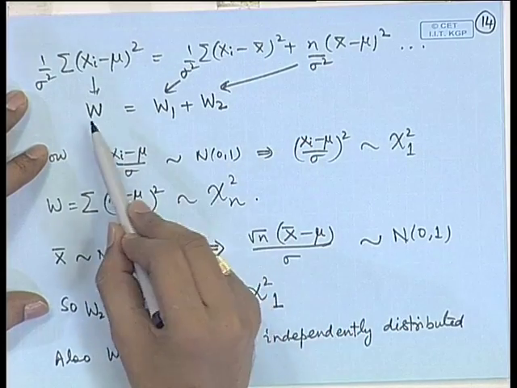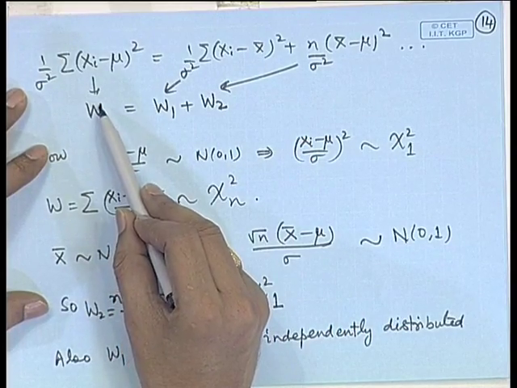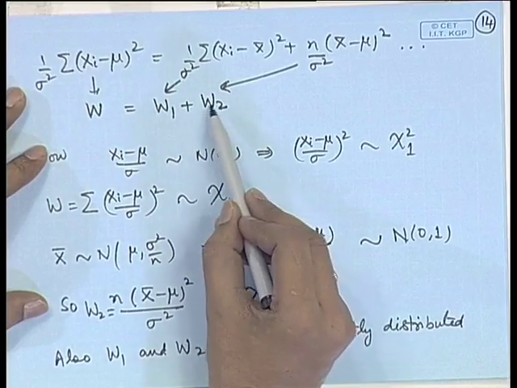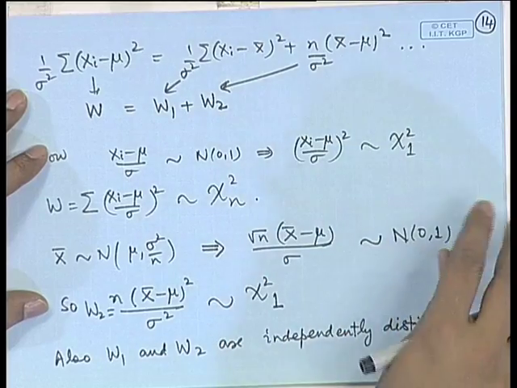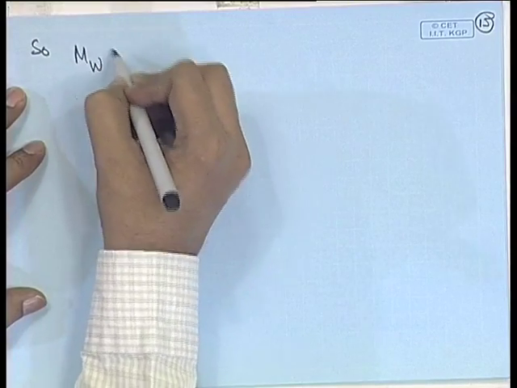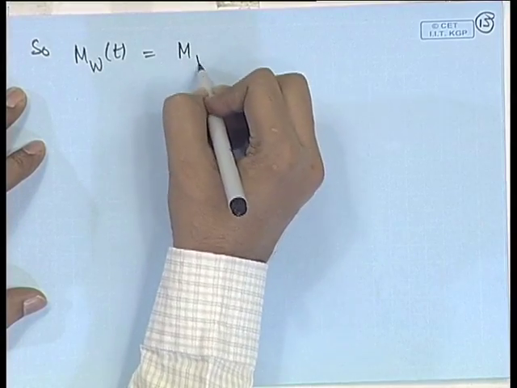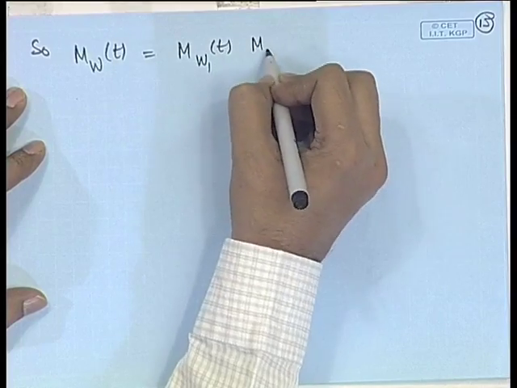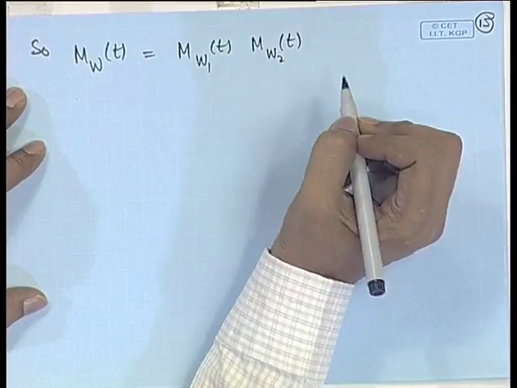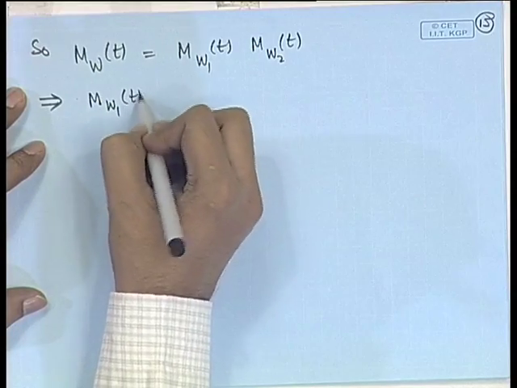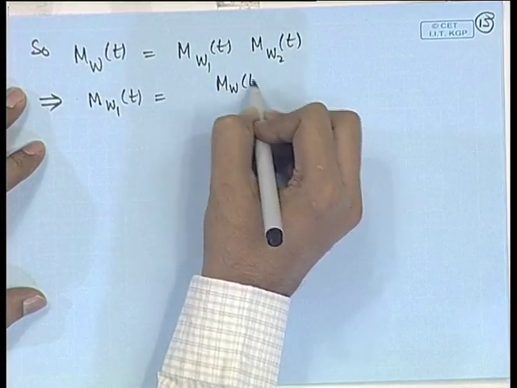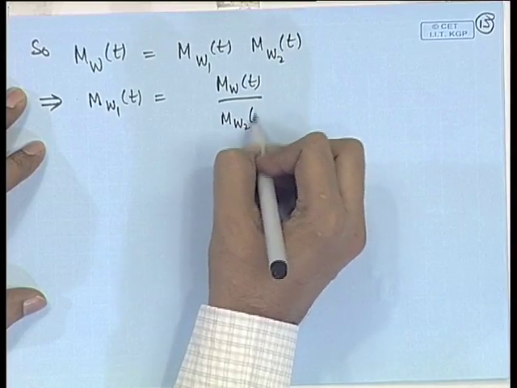So, here we have written w, a chi square n variable, as a sum of two independent random variables, of which one of them is already a chi square. Now, if we use the moment generating function property, that is m w t will be equal to m w 1 t into m w 2 t. This means that m w 1 t is the ratio of m w t divided by m w 2 t.